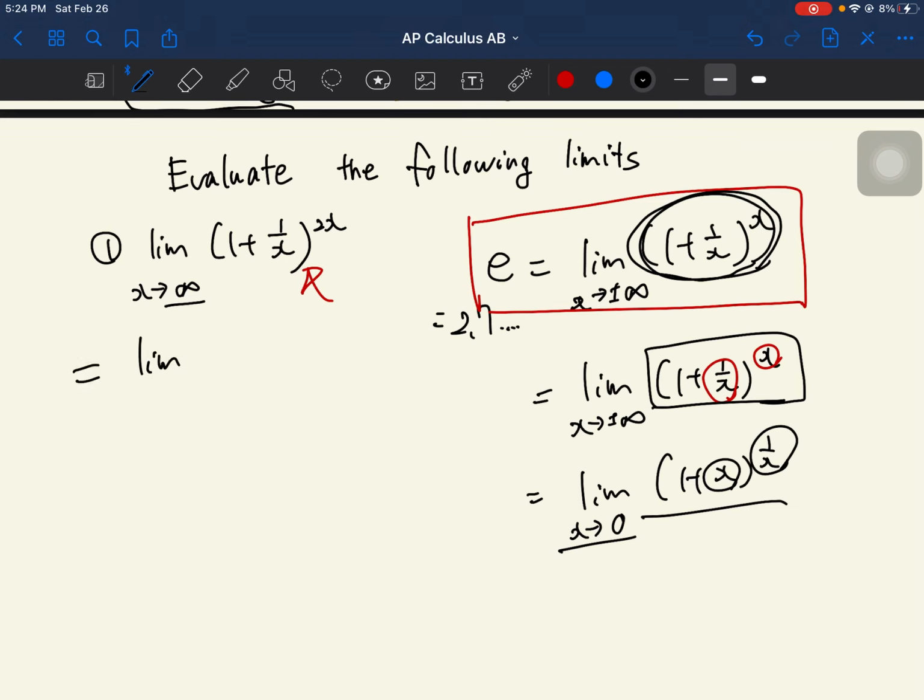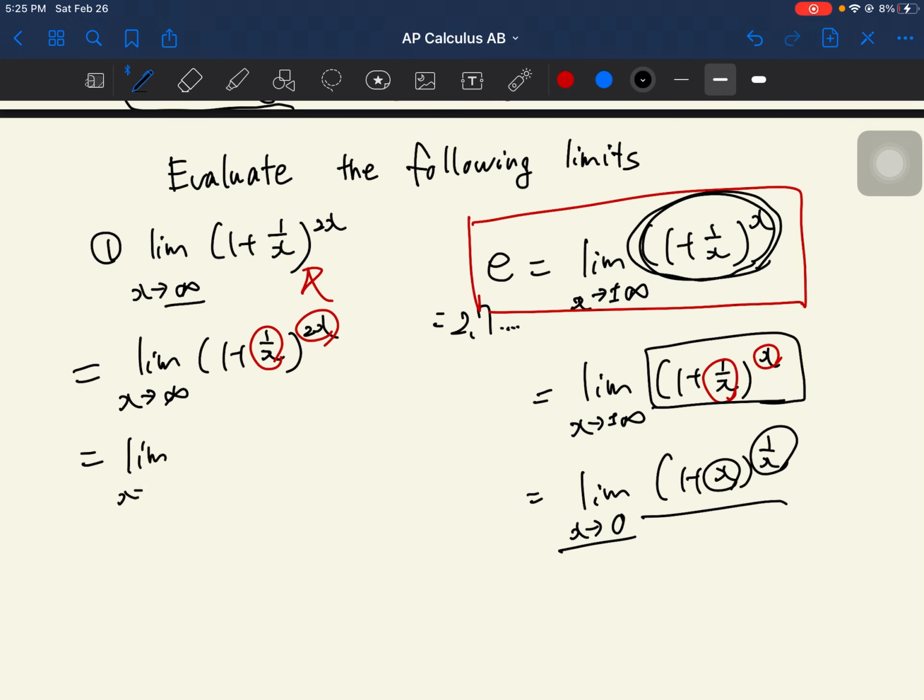So let's work on number 1. Limit of (1 plus 1 over x) to the power of 2x as x approaches infinity. Again, this looks really similar to the definition, so let's try to make it like the definition. But like I said, these have to be reciprocals of one another.